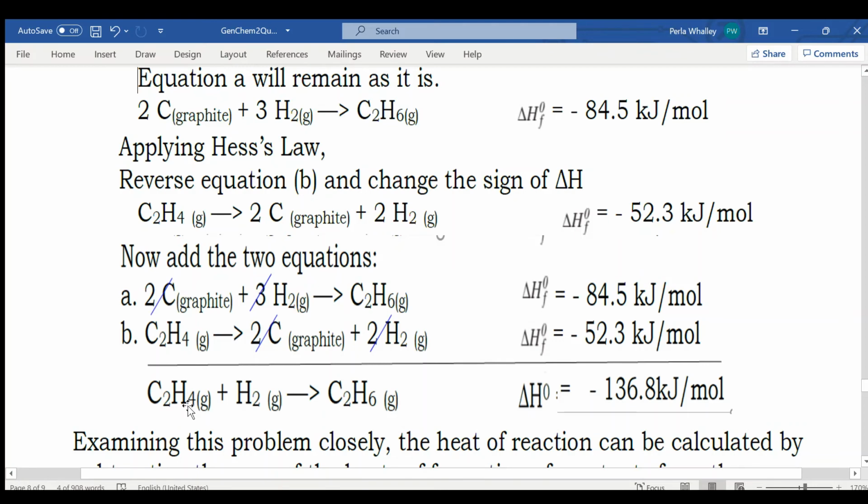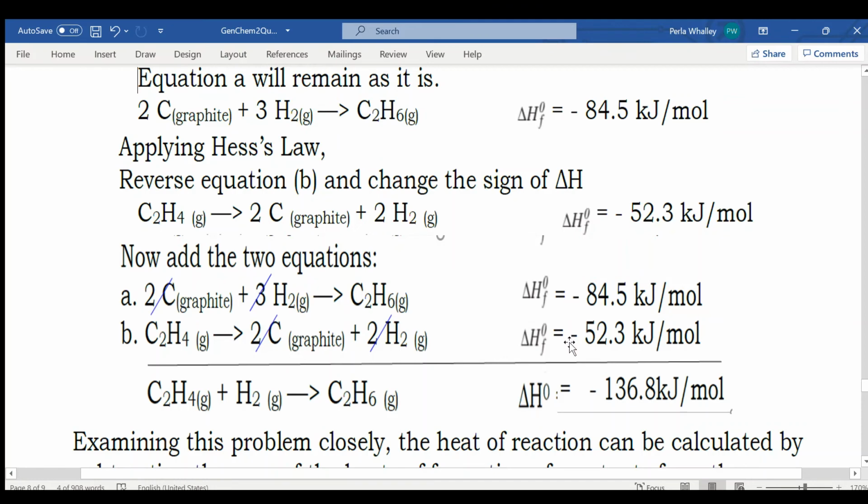You write C2H4 first and copy the state, gas, plus 1 mole of H2 gas will form 1 mole of C2H6 gas. Now we add this up.